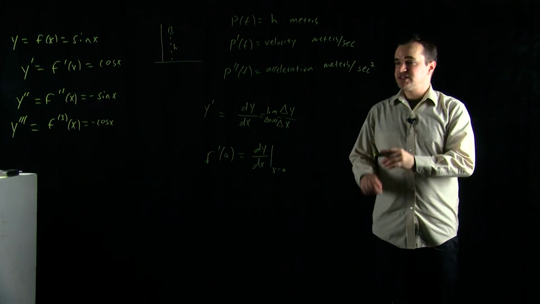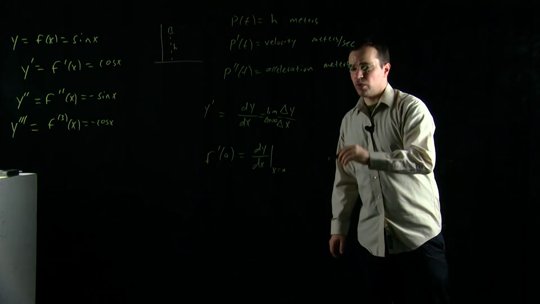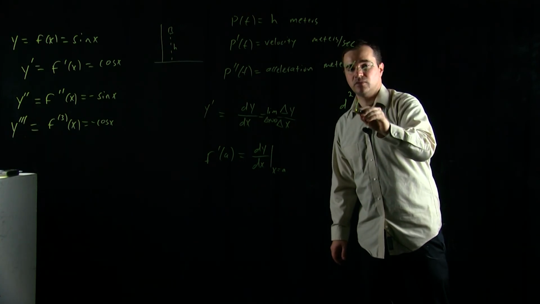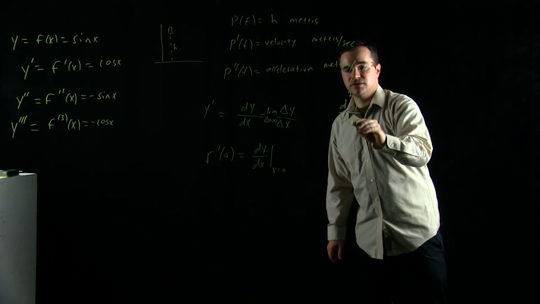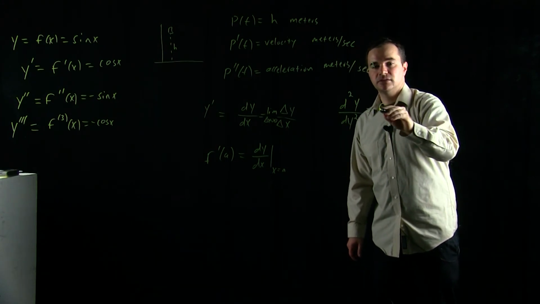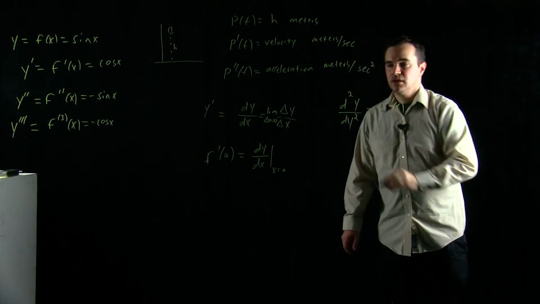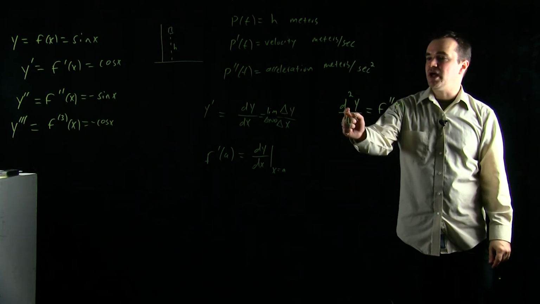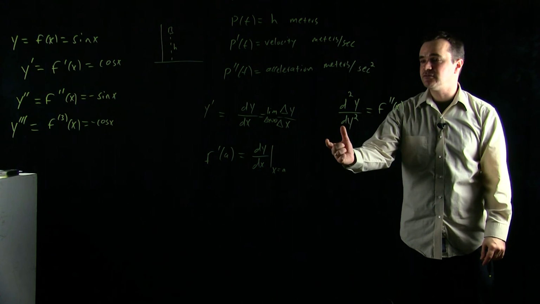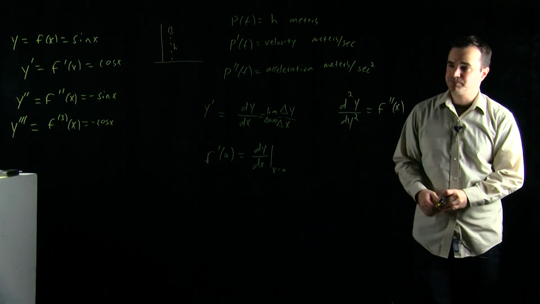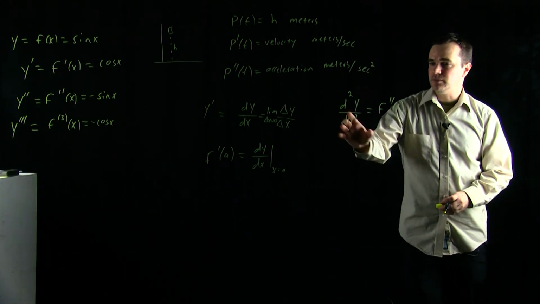Now, if you want to write the second derivative, what Leibniz would have written is d squared y over dx squared. That was his notation for the second derivative. In other words, you're applying this operation of taking the derivative twice, if you like. That's why he's squaring that little d there.